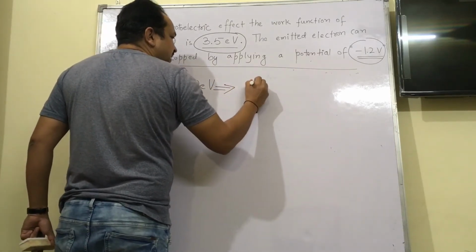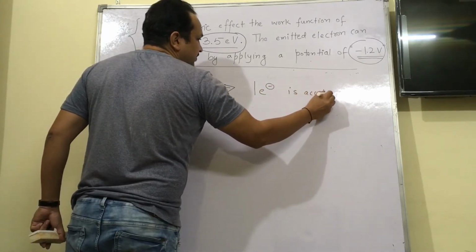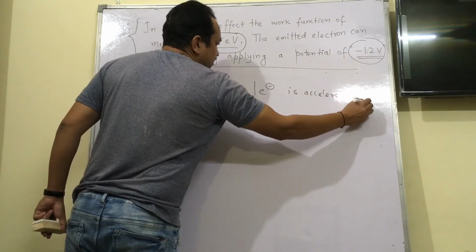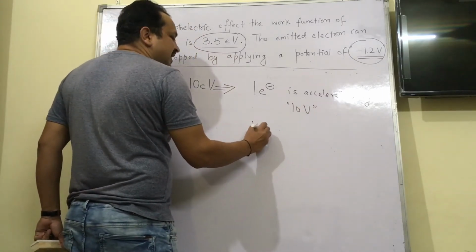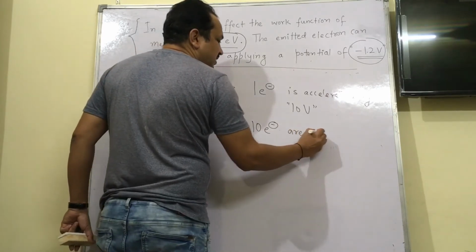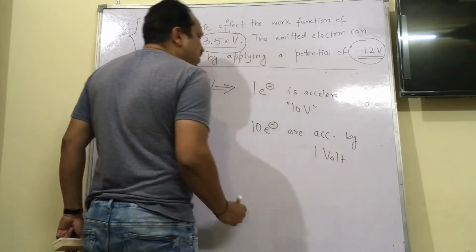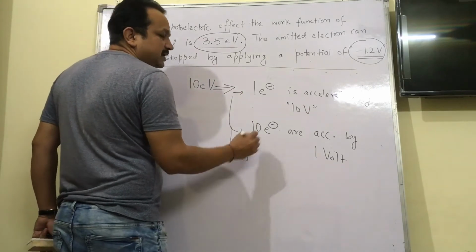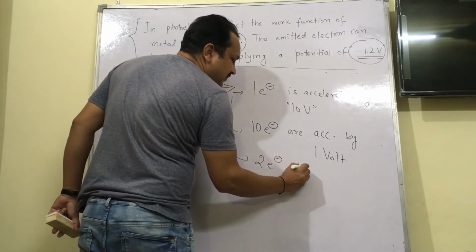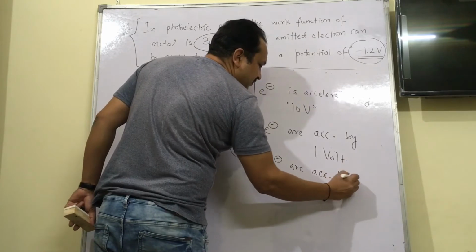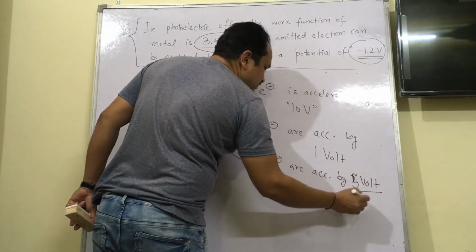It means one electron is accelerated by 10 volt, or we can say 10 electrons are accelerated by 1 volt, or in many ways there are so many combinations, or we can say 2 electrons are accelerated by 5 volt. So these are the same thing.